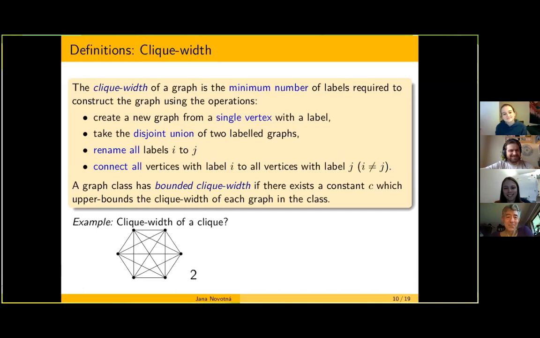So yeah, it's 2. Each time we add one vertex, give it some label, connect it with all other vertices, and rename its label to the label of the other vertices. So if you have at least 2 vertices, you need 2. But it's bounded. I wanted to show this example, it is probably quite easy.